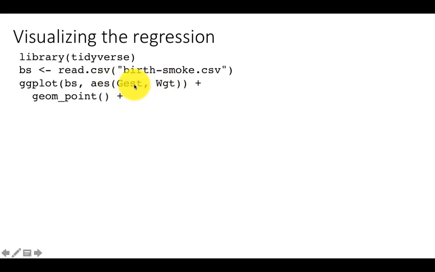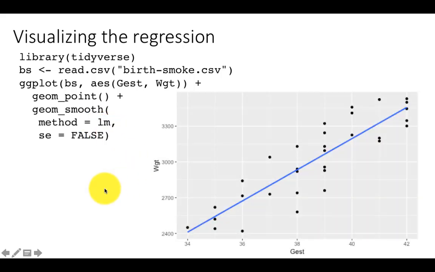So put gestation on the x-axis, weight on the y-axis. This time we are not using smoke at all. And then we are doing geom_point, geom_smooth, method equals lm, se equals false. That is, we don't want the confidence band, and we want the smooth to use lm, the linear regression. So that's what the model looks like.